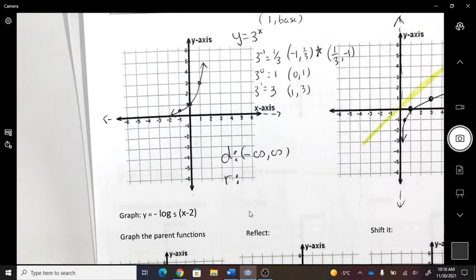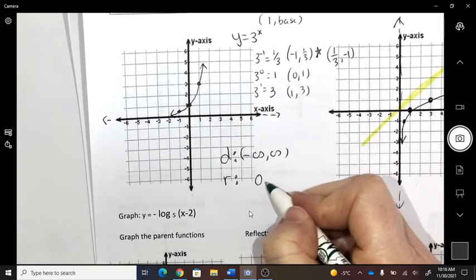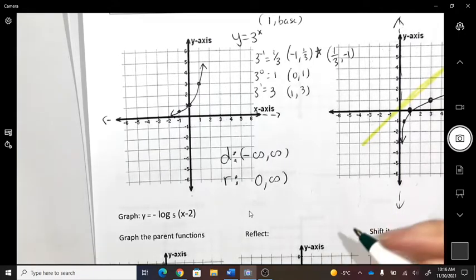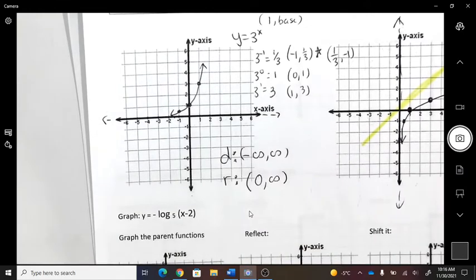What's the range? What's the lowest y height to the highest y height? 0 to infinity. And what kind of bracket would you put on that 0? Square or round? Round, because it's never hitting exactly 0.